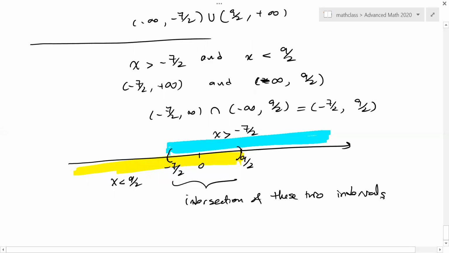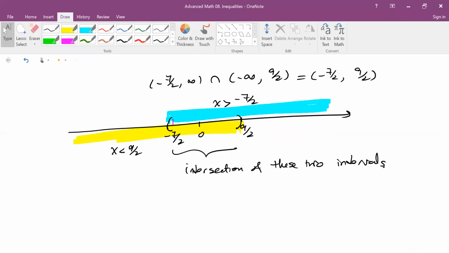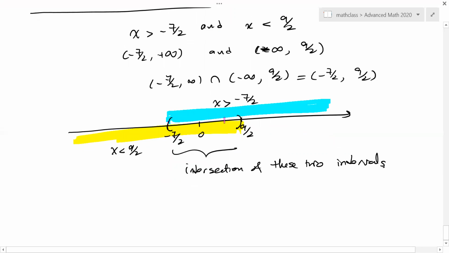So that's why you can simply write it as this. This is the overlap part, okay? That's the intersection part, the intersection of these two intervals.